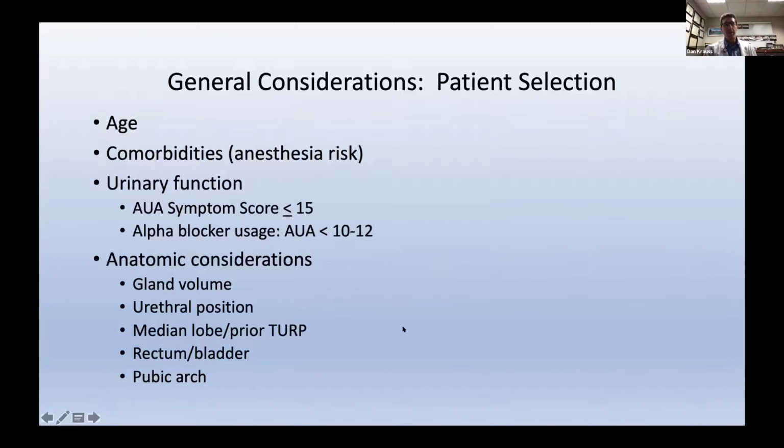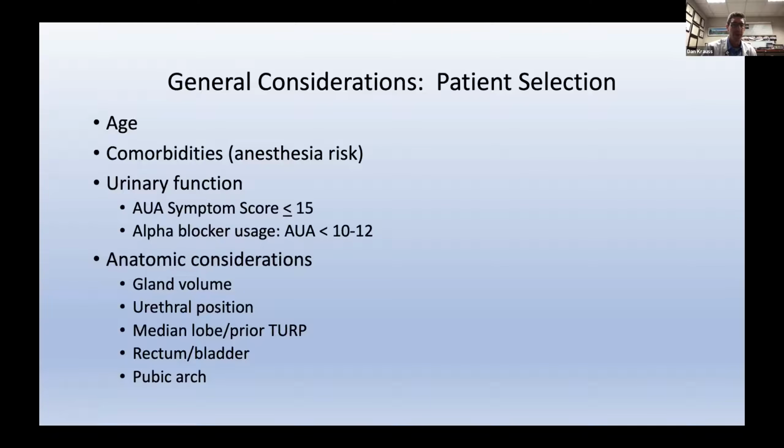All right, so just before we get into the details here, with any procedure in medicine, patient selection is critical. You're always going to look at general clinical and medical factors, the age of the patient, what comorbidities they have, or the anesthesia risks associated with going through brachytherapy, whether it's worth taking for this patient. Certainly baseline urinary function in an untreated patient.